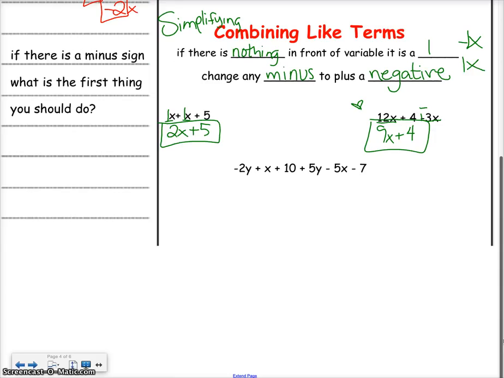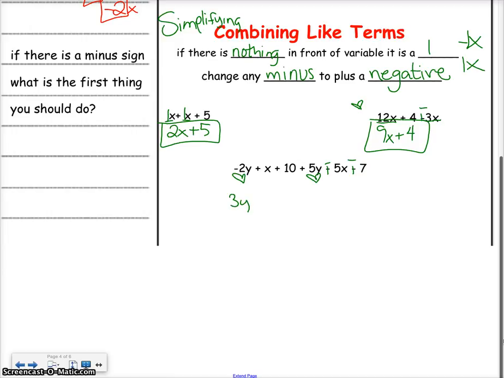Okay, the next one. Again, I'm looking for any minus signs, so I can change it to plus a negative. I see a minus sign right here, plus a negative. A minus sign right after, plus a negative. And it looks like I have an x and a y in whole numbers. So I am going to go ahead and start working left to right. So negative 2y plus 5y gives me 3 left.